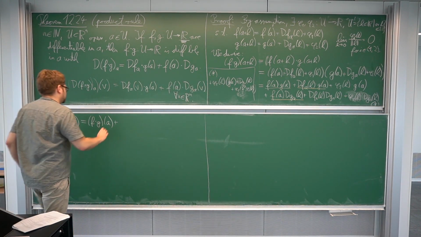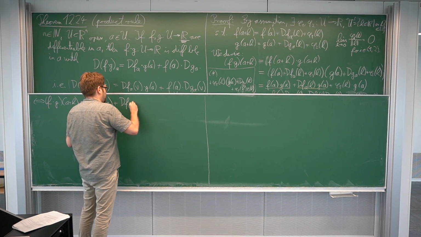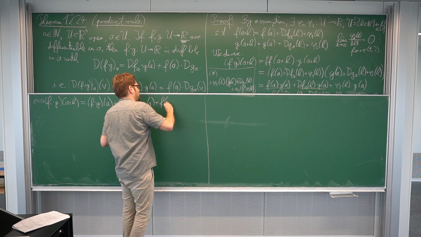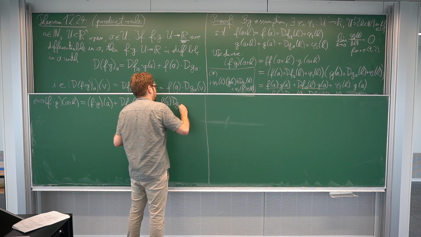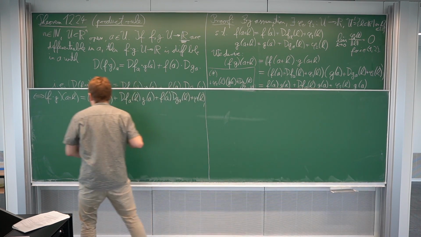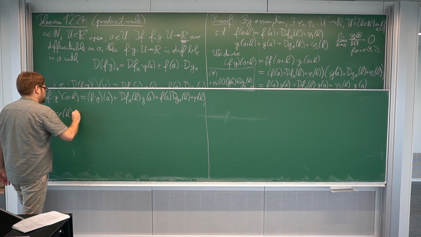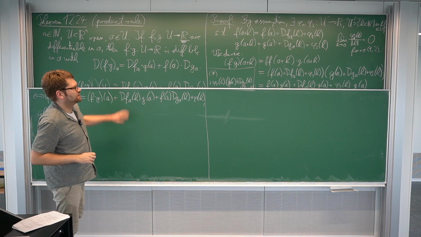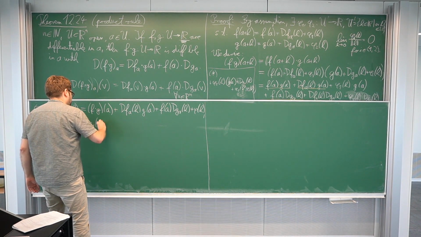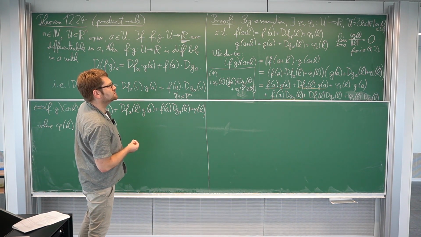But let's summarize this: this is f times g of A plus dfa of h g of A plus f of A dga of h plus phi of h, where we just call phi the rest. So phi of h is defined as all the remaining stuff, which is, so phi 1 of h g of h actually doesn't matter. So which one?